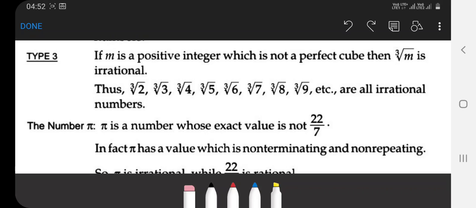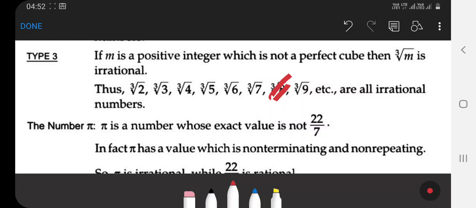Thus cube root of 2, cube root of 3, cube root of 4, cube root of 5, cube root of 6, cube root of 7, cube root of 9, etc. are all irrational numbers. Here 8 is a misprint. Clear?